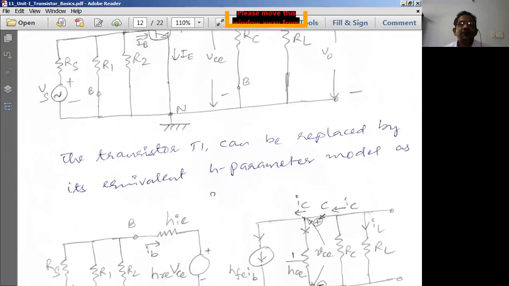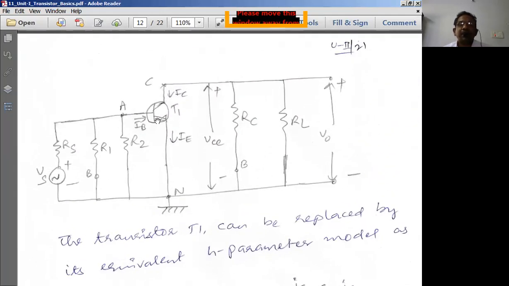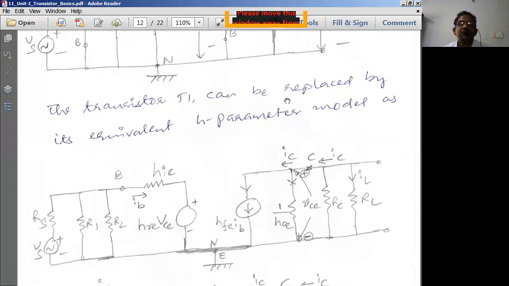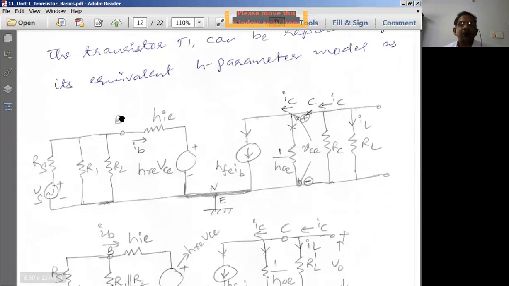Okay, this is the equivalent circuit. Now we replace this transistor T1 by its H parameter model. Already we have discussed this H parameter model representation in the previous semester, so I am skipping it.